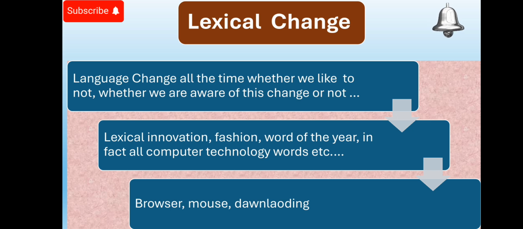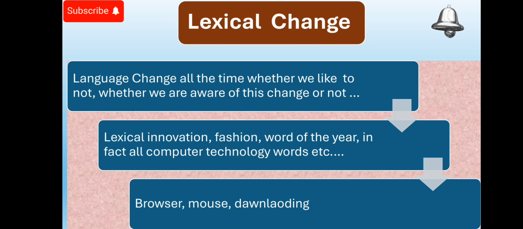We are seeing that everywhere there is advancement in all fields of life. Because of internet and computer, there are hundreds of words which did not exist in the past and now they exist. That is because of the invention of internet and the invention of computer.